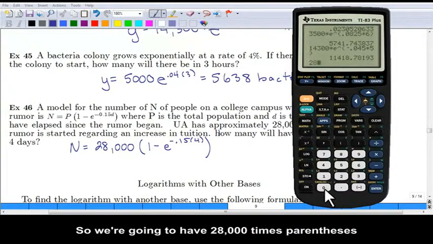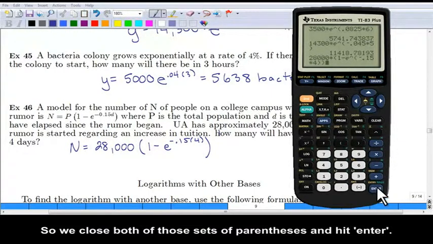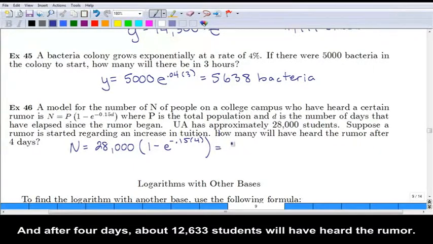So we're going to have 28,000 times parentheses 1 minus e to the negative 0.15 times 4. We close both of those sets of parentheses and hit enter, and after 4 days, about 12,633 students will have heard the rumor.